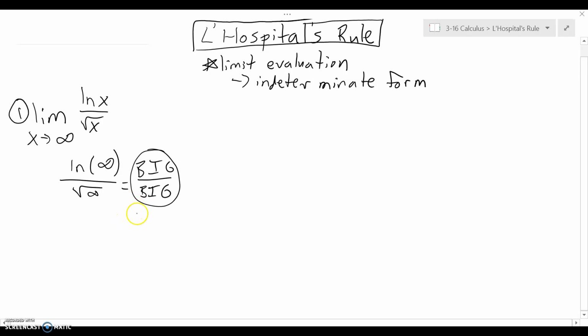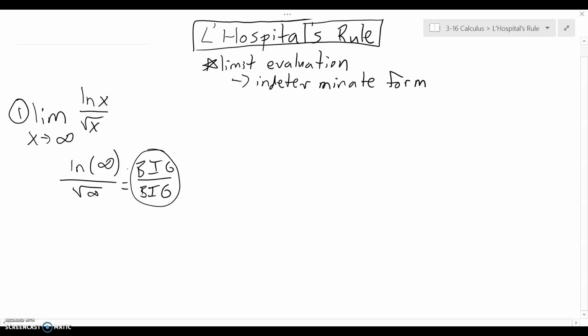So when you have something like infinity over infinity that you can't numerically evaluate, you have a case where you could use L'Hopital's rule. The way L'Hopital's rule works is it says we're not able to compare the y values at infinity. So instead, let's compare the rates of change at infinity.